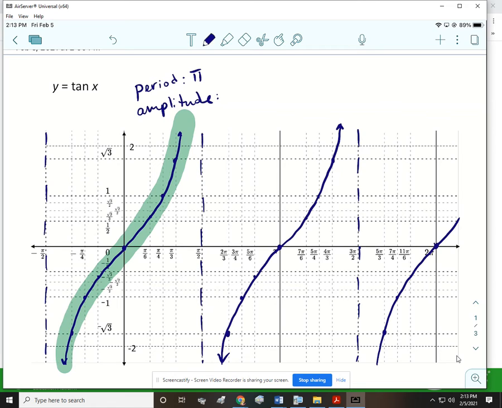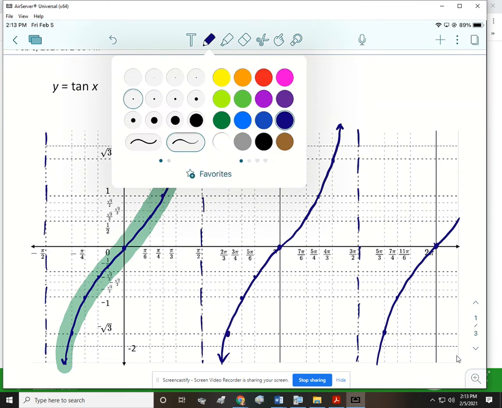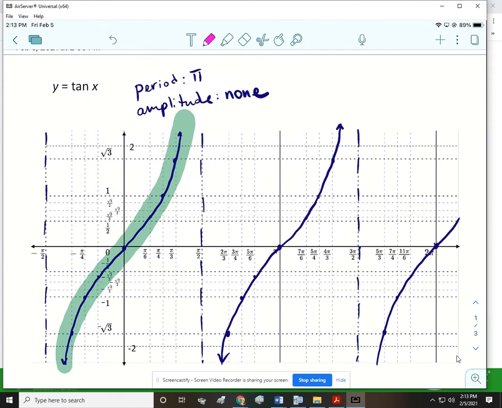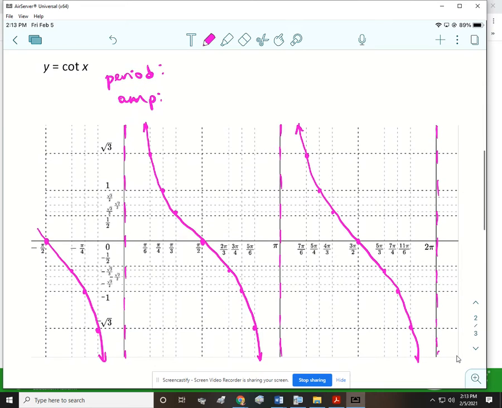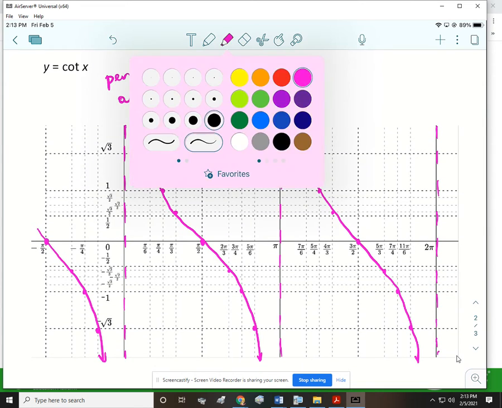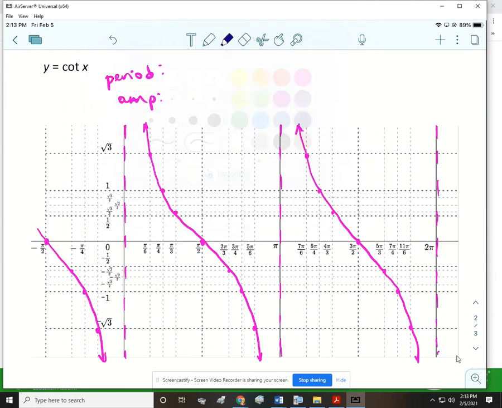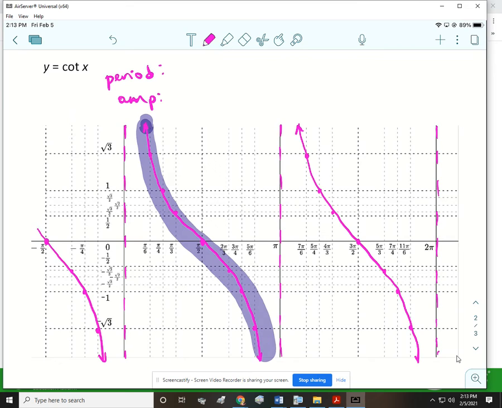And because these arrows keep going up and keep going down, tangent is not going to have an amplitude. All right, and then here's cotangent. One period of cotangent is this right here, which initially falls between 0 and pi, so that's a period of pi, and again, there is no amplitude.